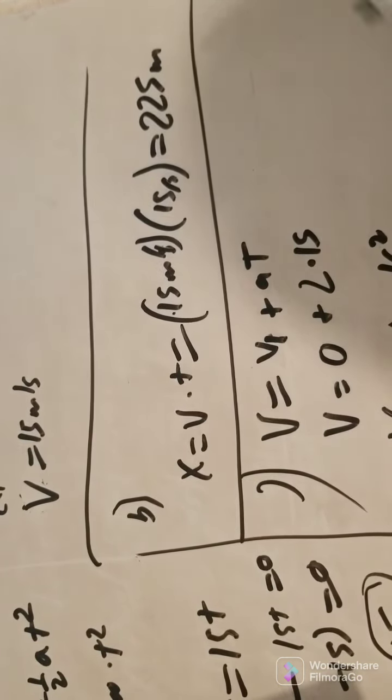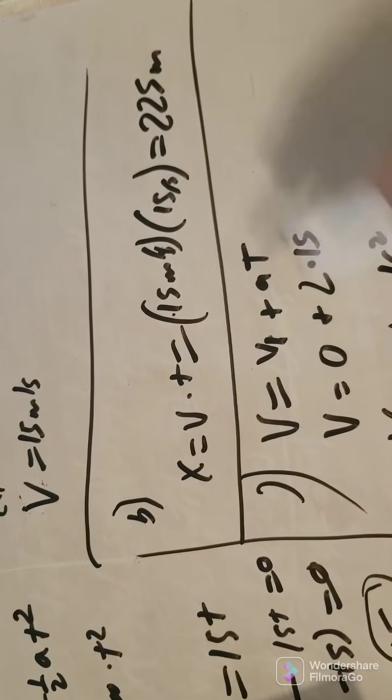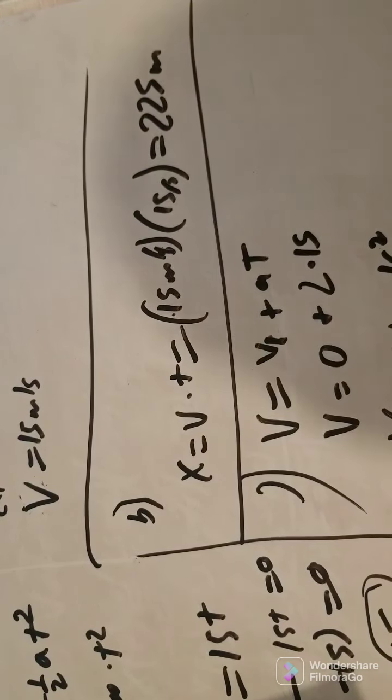That is the speed of the car when it passes the truck, because the truck is at a constant 15 meters a second. So that is how you're supposed to do it for a 9 on the exam, which I did not do, but I did get that right, so I just didn't do it correctly.